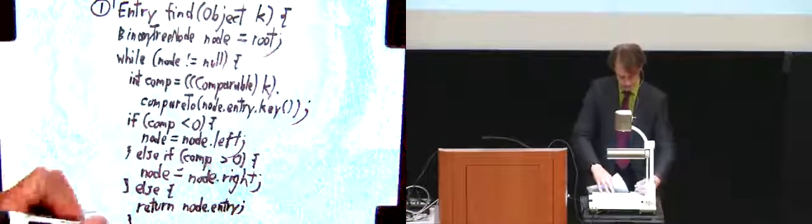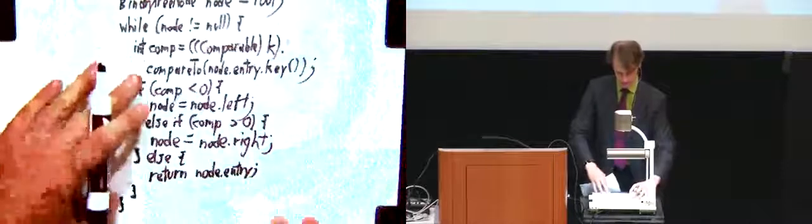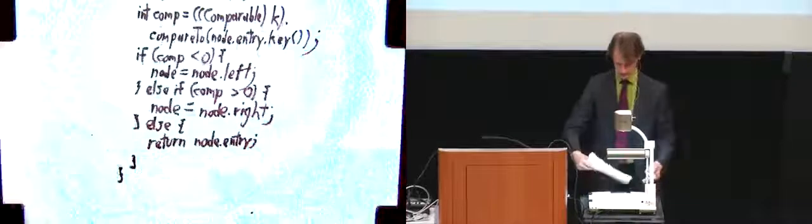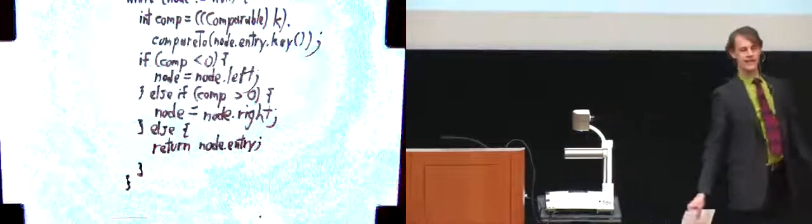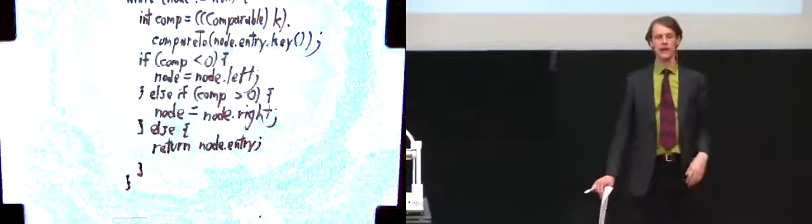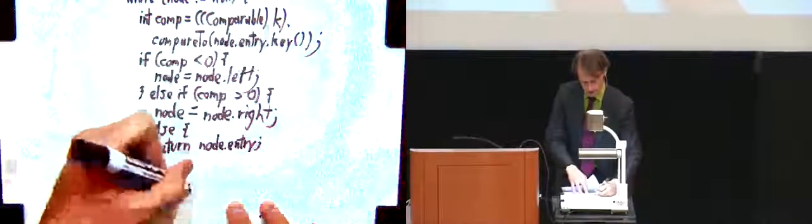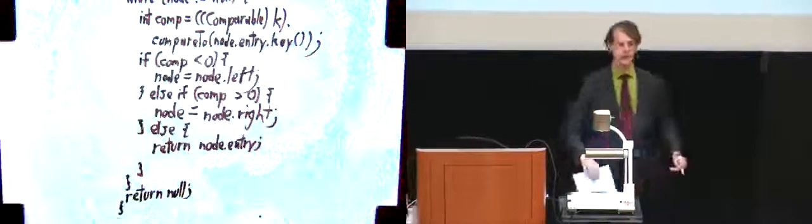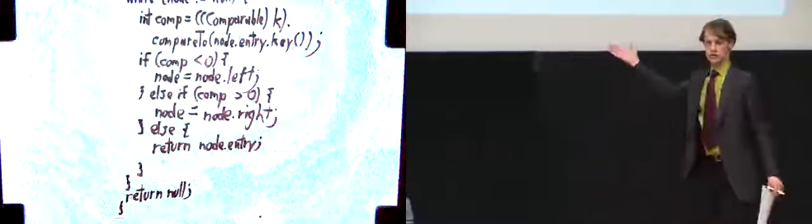And then this closes off the while loop. From there, if the loop reaches the end, which means we've hit a null pointer walking down the tree, then we're done looking. We did not find what we were looking for, and so we can just return null or some other indicator that we did not find it. Any questions about that code?